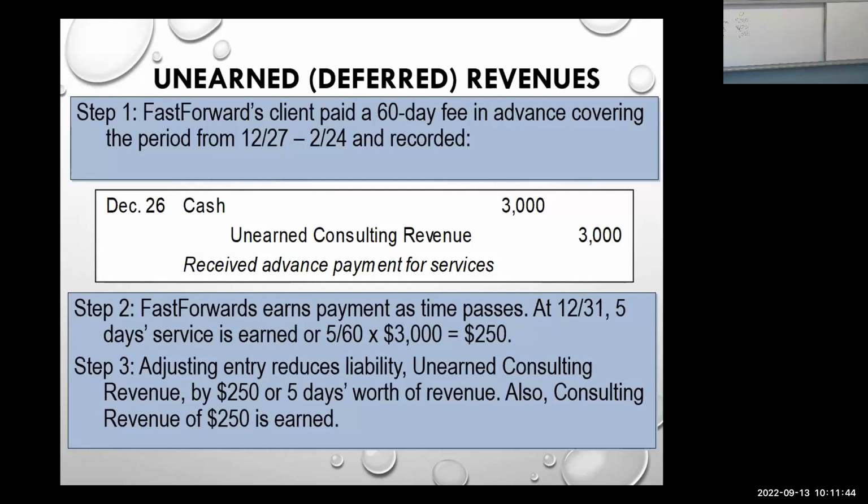So what we'll do on the 26th, because they received the money early, they're going to debit cash and credit unearned consulting revenue. Although it's a revenue account, it's a liability. Why is it a liability? It's a liability because although we receive the cash, we owe that client either their money back or the services we promised. So all the liability is on that company. Does that make sense?